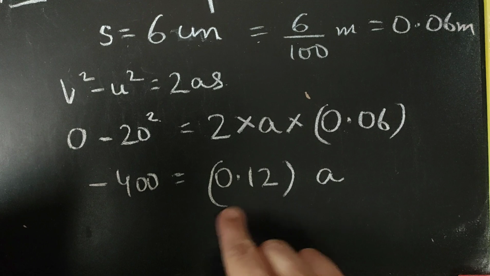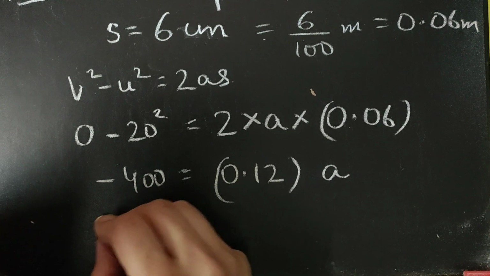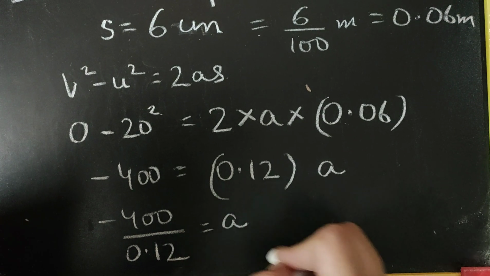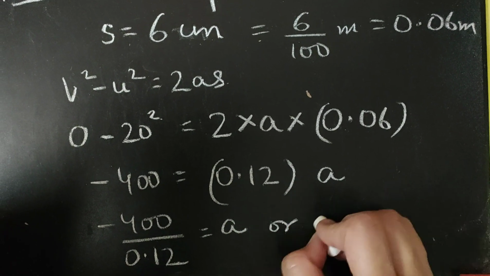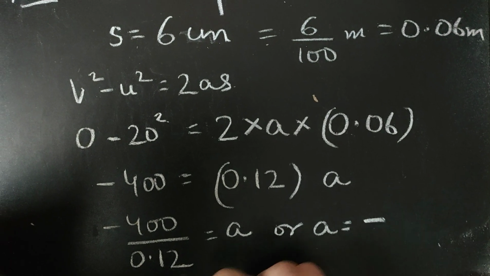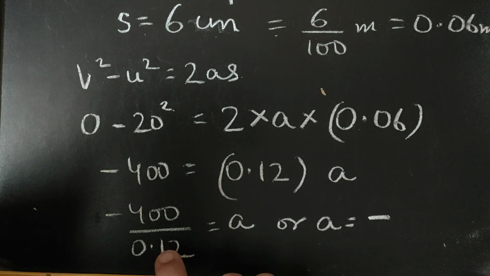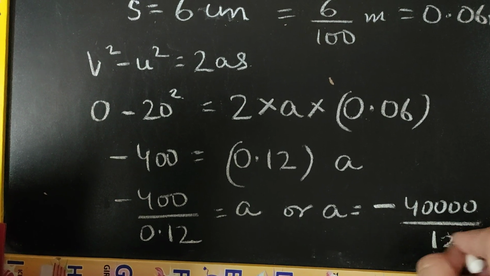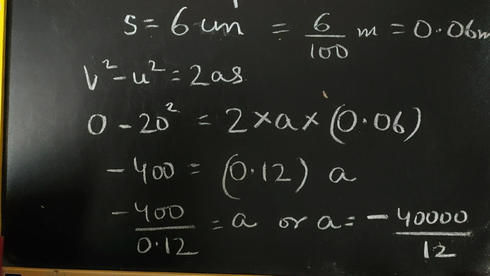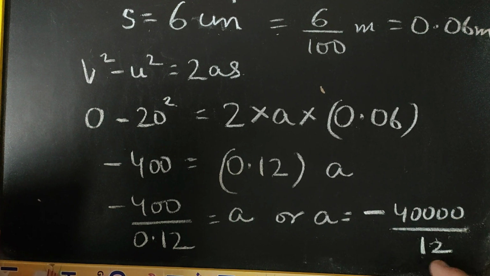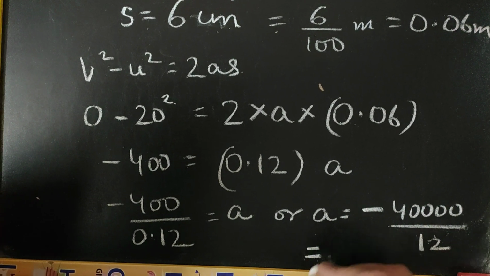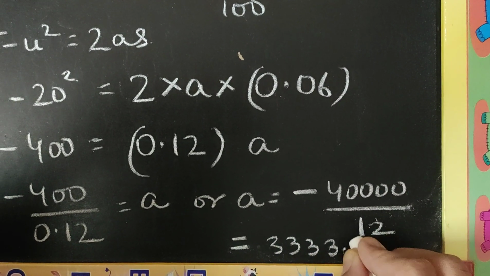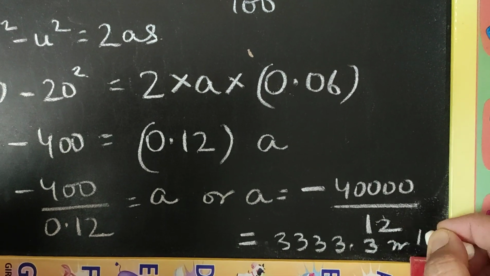To calculate a, this 0.12 will go in the denominator on the other side, so this becomes minus 400 upon 0.12 is a, or I can write a as minus, removing these two decimals from the denominator, minus 40,000 upon 12, which when further simplified, is minus 3333.3 meter per second square.